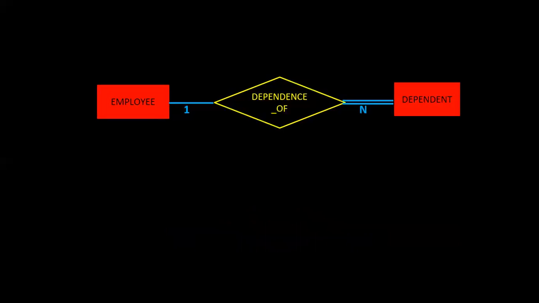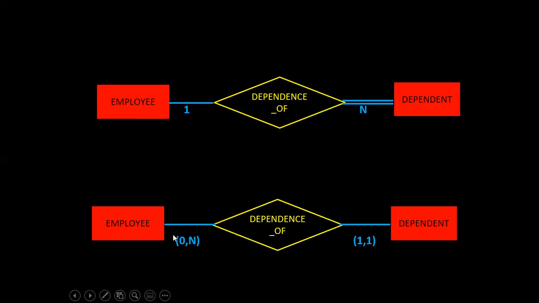If I take one more example, that is the dependents of relation between employee and dependent. Here the min-max notation between employee and dependents of has a min value of 0 because I have partial participation, and between dependents of and dependent the min is 1 because I have total participation.